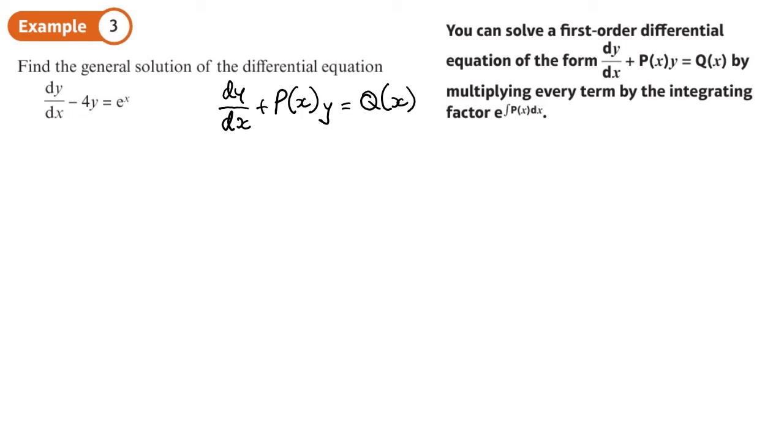Yes, it does, because p of x would equal -4 and q of x equals e to the x, so it matches up. So the first thing we need to do is to find the integrating factor.